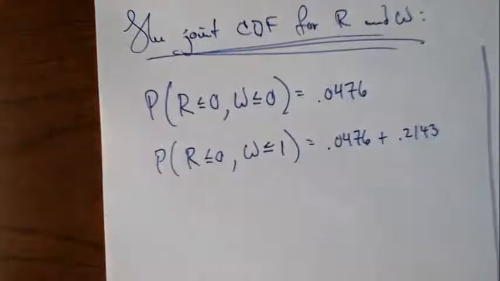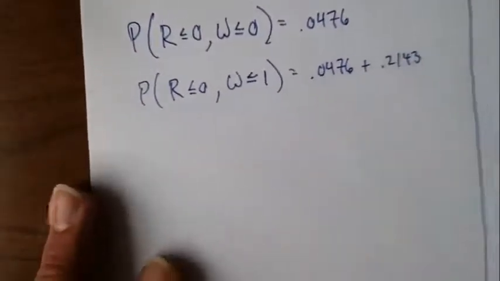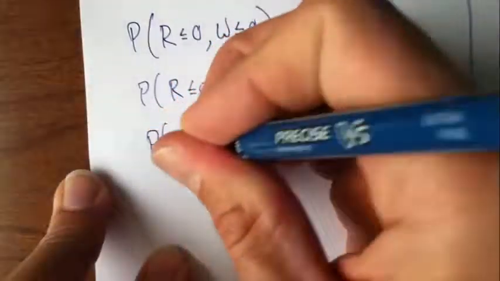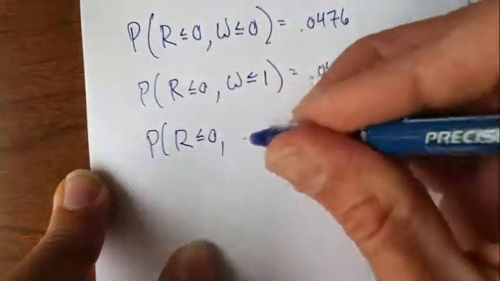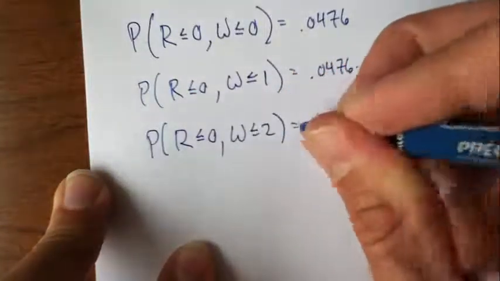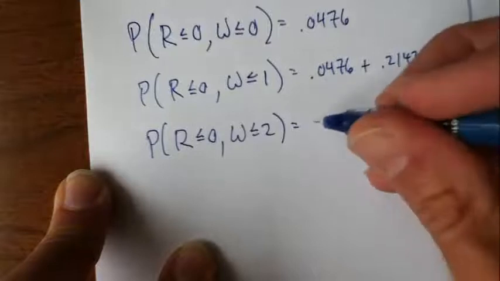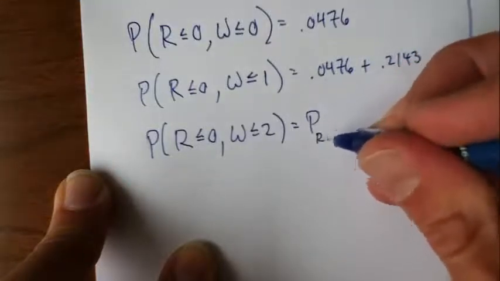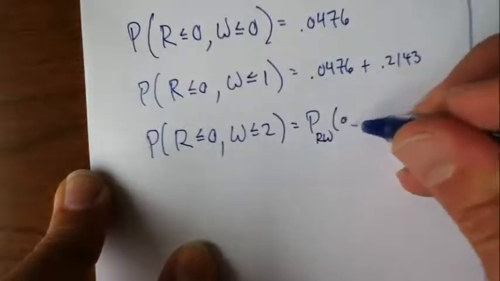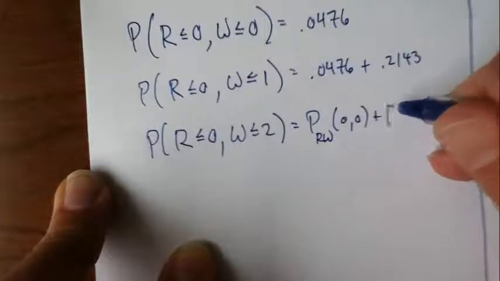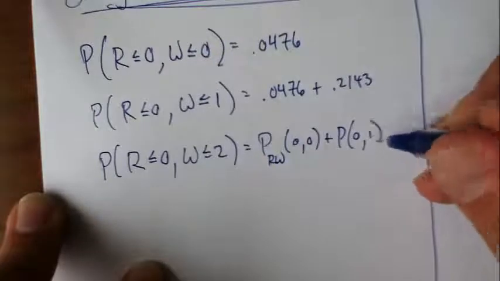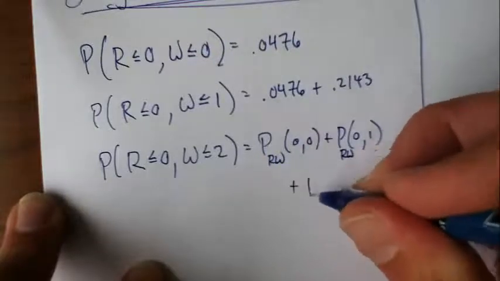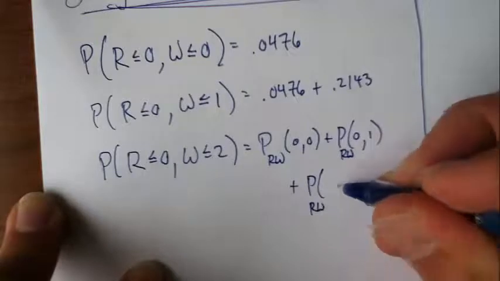Okay. What about the probability that R is less or equal to 0 and W is less or equal to 2? Okay. Well, then, that's the probability that you get no reds and no whites, plus the probability that you get no reds and exactly one white, plus the probability that you get no reds and two whites.